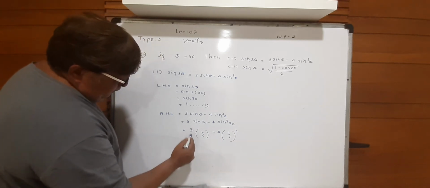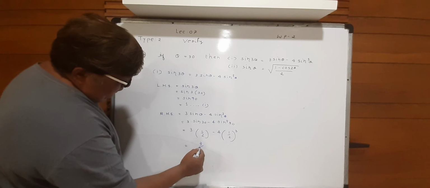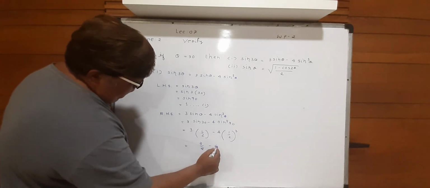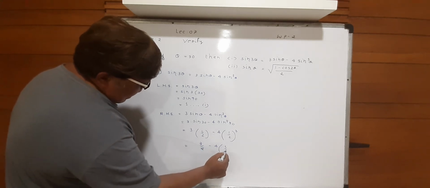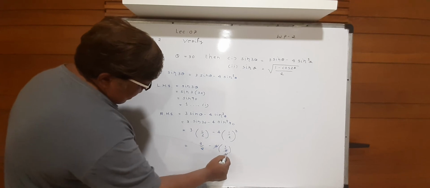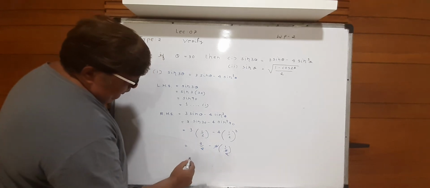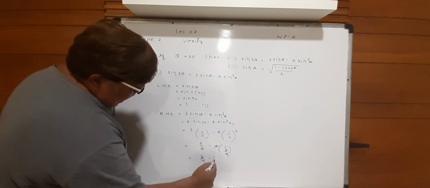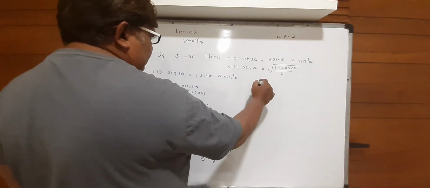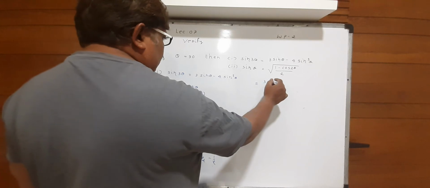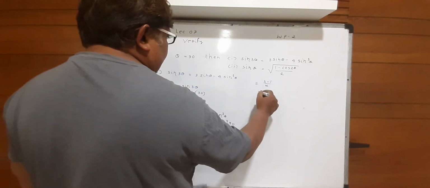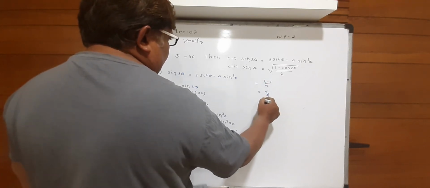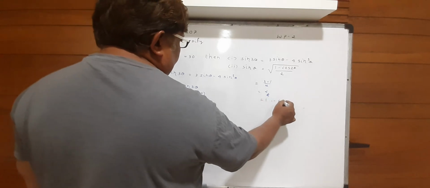This is equal to 3 into 1 upon 2, that is 3 upon 2, minus 4 into 1 upon 8. Cancel it. So we got 3 upon 2 minus 1 upon 2. Now the common LCM, 3 minus 1 upon 2, 2 upon 2, that is 1.